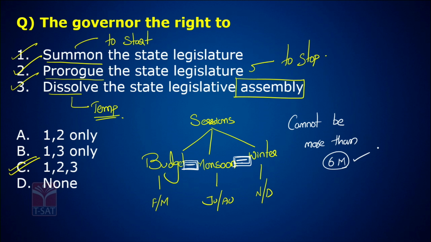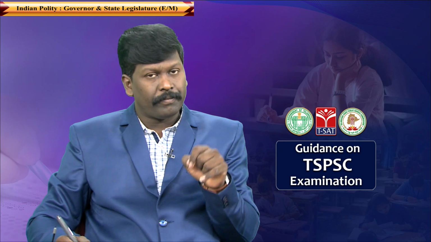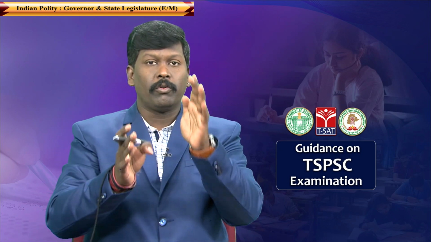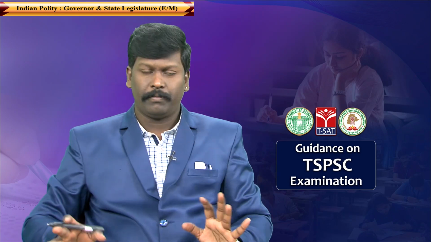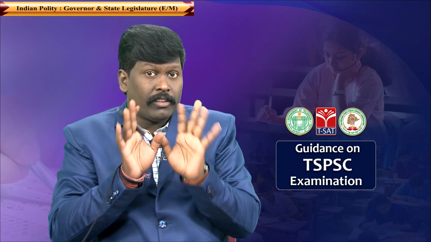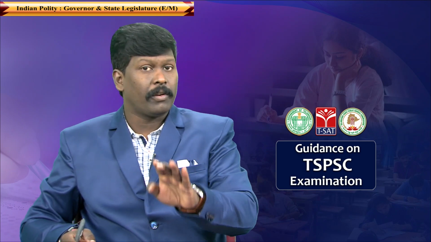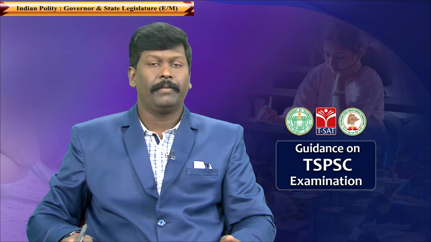When the gap between 2 sessions of the assembly is more than 6 months, the assembly is considered automatically dissolved. Remember this. The gap between 2 sessions cannot be more than 6 months. If it is more, the assembly is automatically considered dissolved.